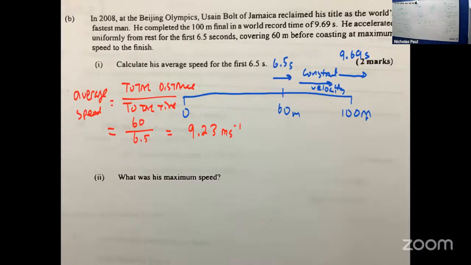All right, nice. Next part. If you look underneath here, here is what they asked for now. What was his maximum speed? Think about the scenario, Benaya. Where do you think his maximum speed would have happened? They said that he maintained, or coasted at, maximum speed after 60. So to find the maximum speed, you have to use what happened in here.